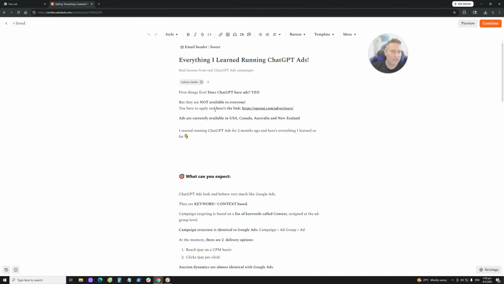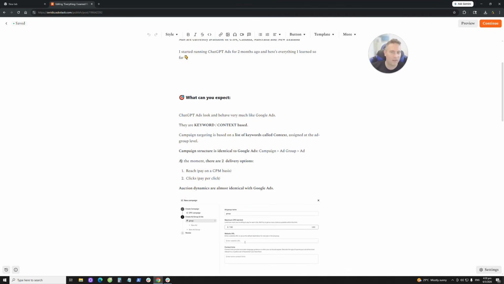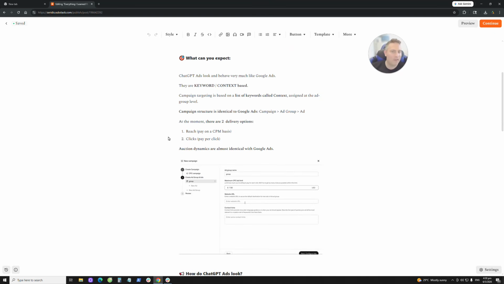Now, let's actually go into how ChatGPT ads work. What can you expect? The platform is a minimalistic version of Google Ads, I'd say. So how it works is super simple. They pretty much copied everything Google Ads is doing. So there's a structure with a campaign, an ad group, and an ad. The targeting is keyword based, but they don't really call it keywords.